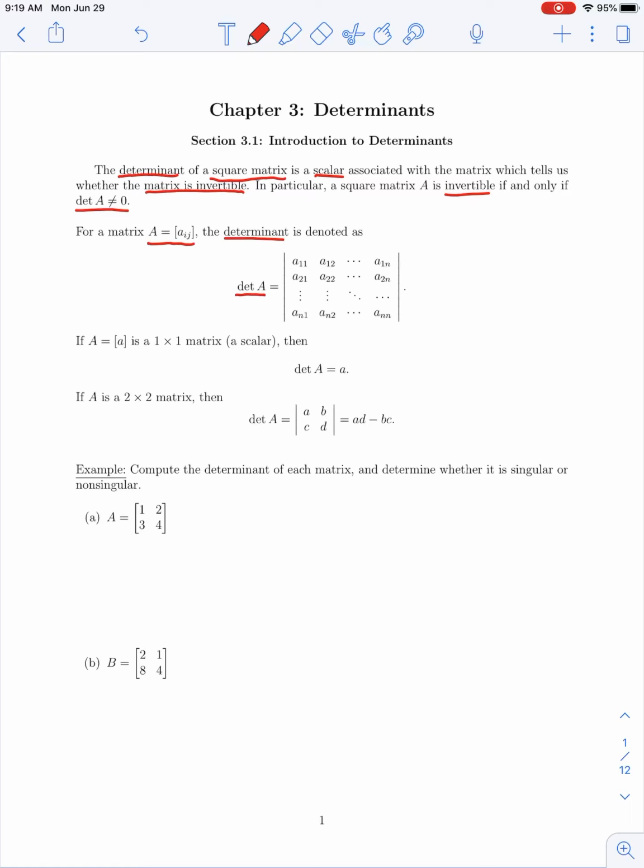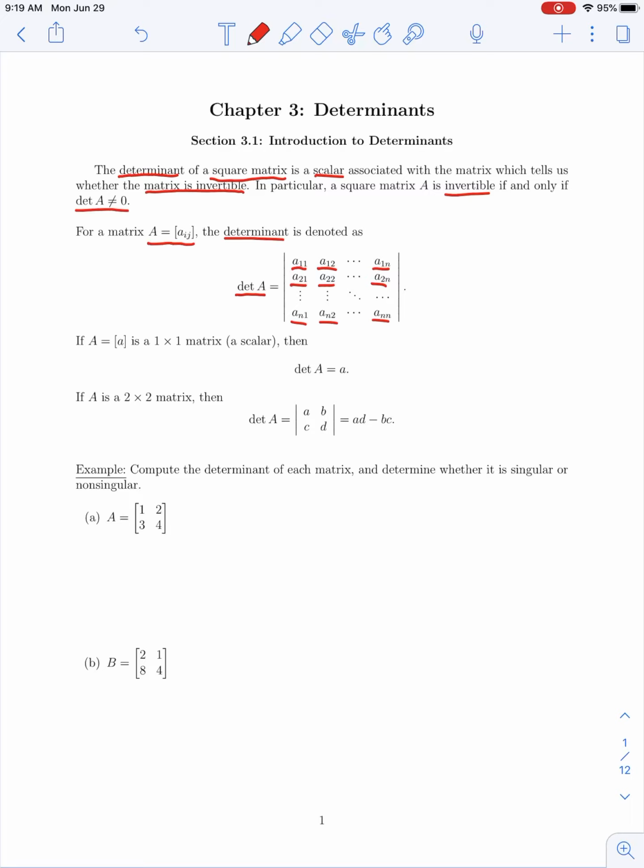Or we could write out the matrix by using each of its entries. So here, since we have a square matrix, our last entry is a sub nn, and then we would use vertical bars around that matrix instead of parentheses or square brackets. It sort of looks like we're taking the absolute value of a matrix, and that's another common notation for finding a determinant.